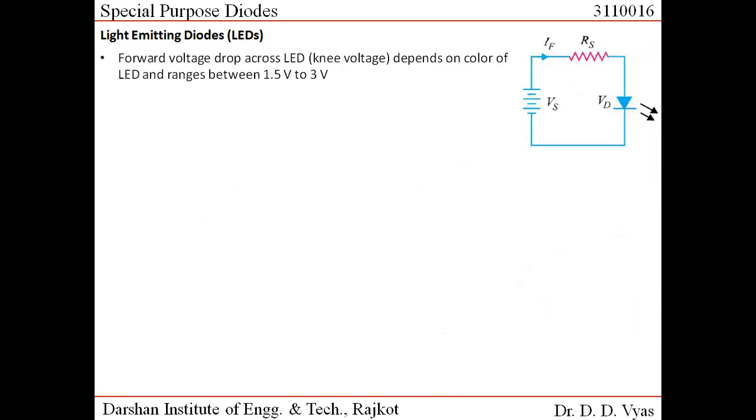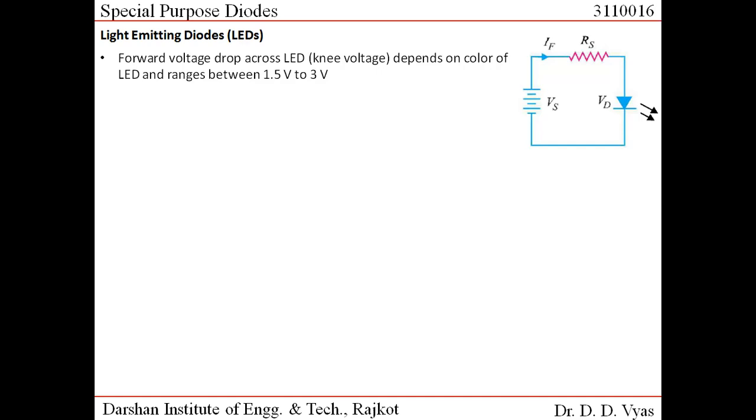The forward bias voltage that drops across an LED while conducting depends on the color of the LED, and it is generally higher compared to a normal rectifier diode. We find LEDs where the forward voltage drop ranges between 1.5 volts and 3 volts.